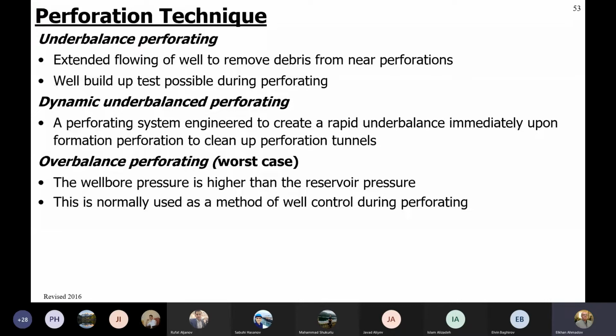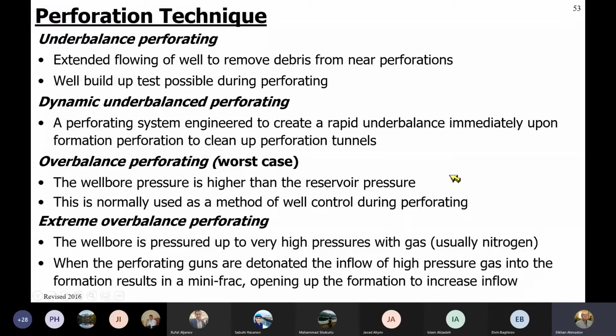And extreme overbalance perforating is also relatively new. The wellbore is pressurized to very high pressures with gas or other fluids, and when the perforating guns are detonated, the inflow of high pressure gas into the formation results in mini fracs, opening up the formation to increase flow.